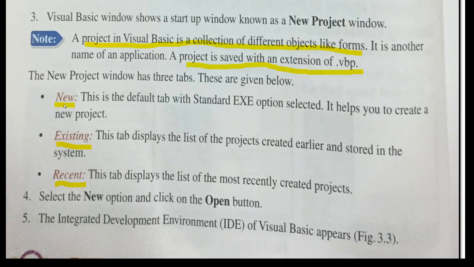In a new project, this is the default tab with standard exe options selected. It helps you to create a new project. If you want to open an existing project, choose Existing. If you want to open a recently created project, you can choose Recent.